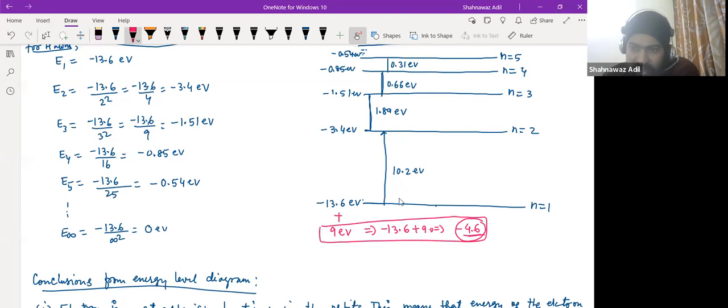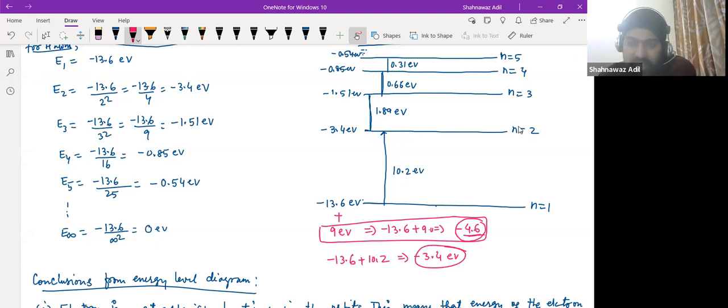Unless we give this electron this much energy, let's say we provide this energy difference, then the energy would be minus 3.4 electron volt, which is the energy of this second orbit.